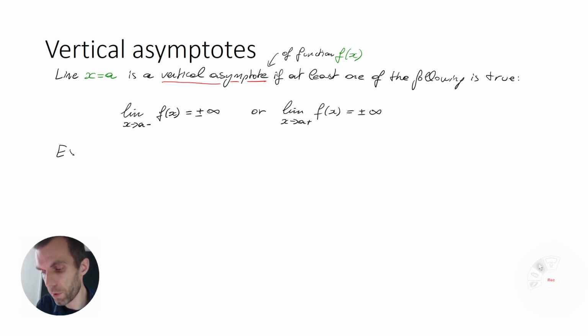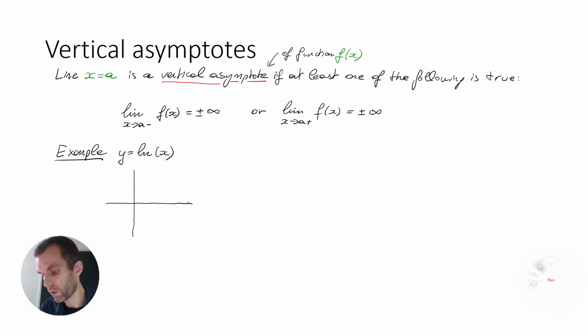So for example, if we again take our function y is equal to the natural logarithm of x, we know the graph looks like this. We just drew it. And so here we see that the limit for x going to 0 from the positive side of ln of x is minus infinity.